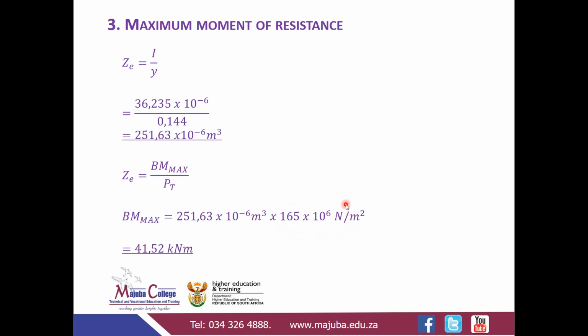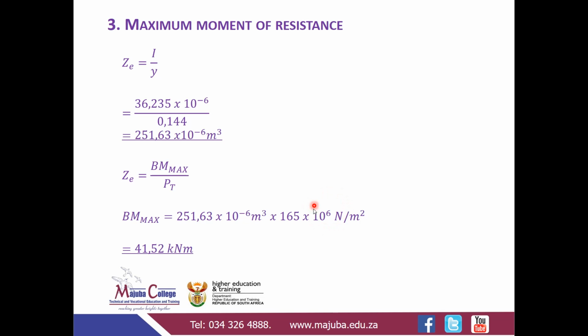So MPa is Newton per millimeter squared. Remember that. Because our moment is gonna be in kilonewton meters, and our ZE is in cubic meters, we want to convert Newton per millimeter squared to Newton per meter squared.